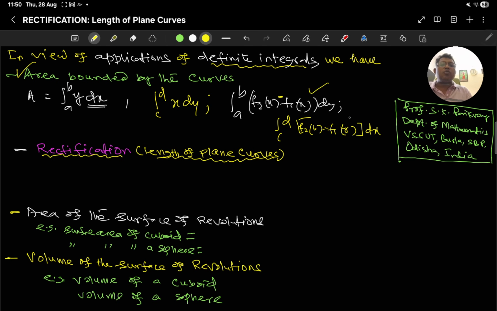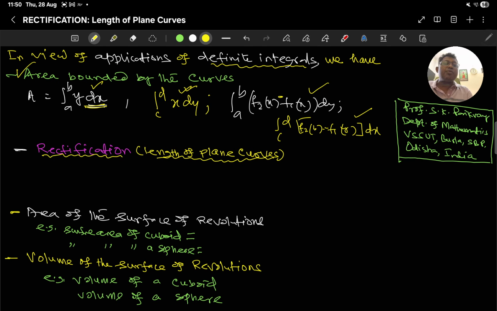This is the area in between two curves, and this is the area bounded by y equals f(x) and the x-axis, and the area bounded by x equals f(y) and the y-axis, right?